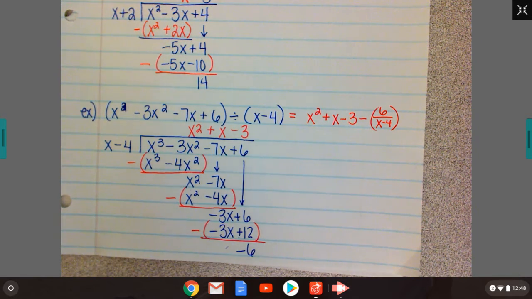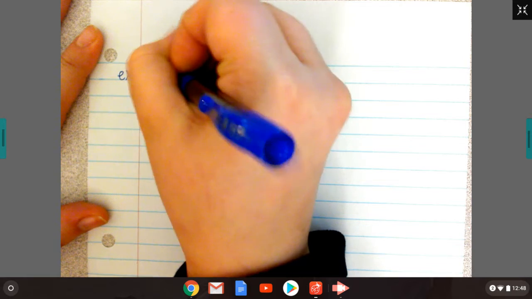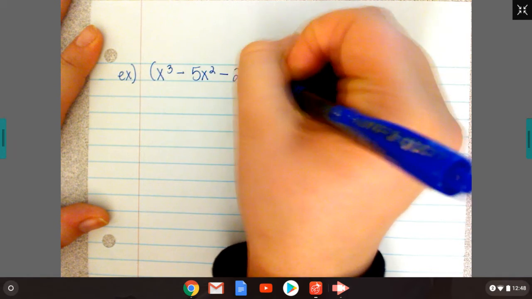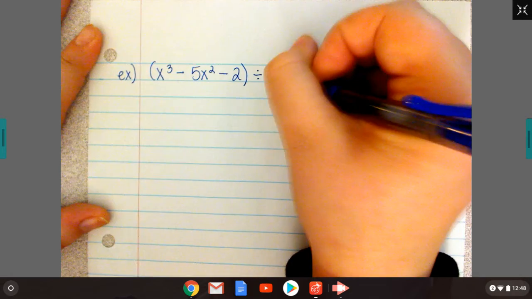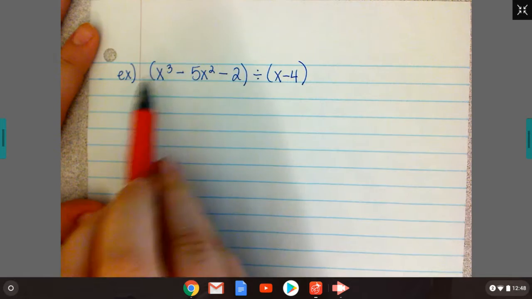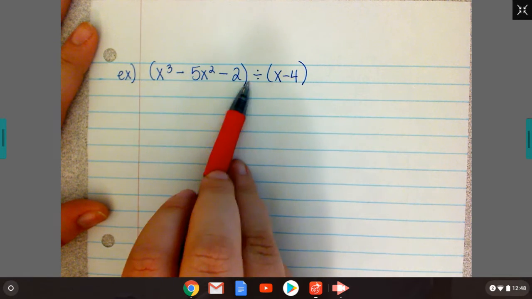All right. I'll run through one where we are missing something that we have to fill in. So if I had a problem like this, I'll write it the original way first. X cubed minus 5x squared minus 2 divided by x minus 4. All right, let's see. Notice that we've got degree 3, degree 2, degree 0.